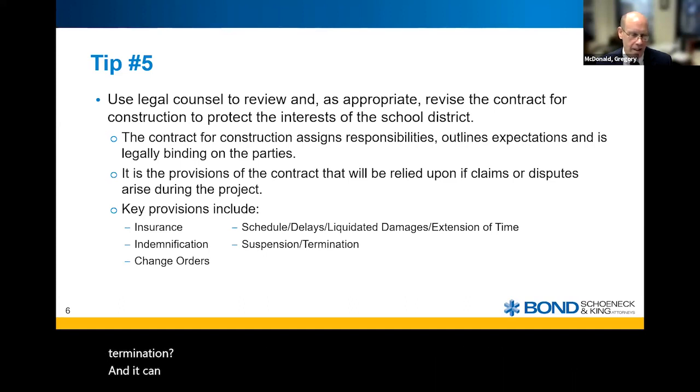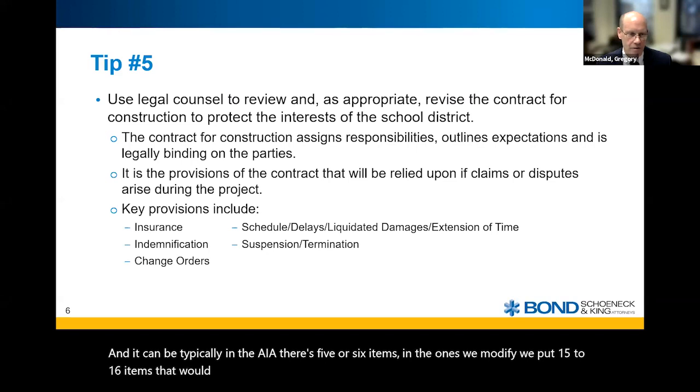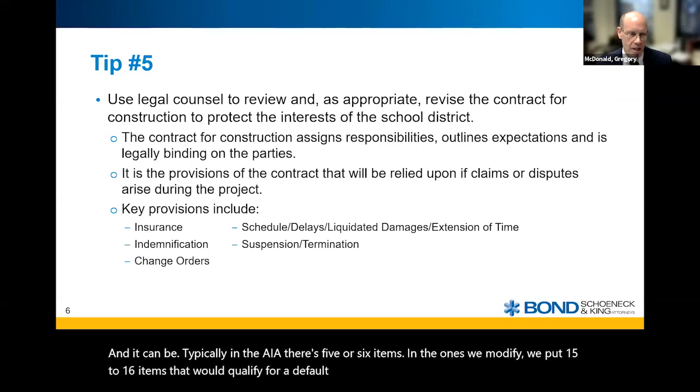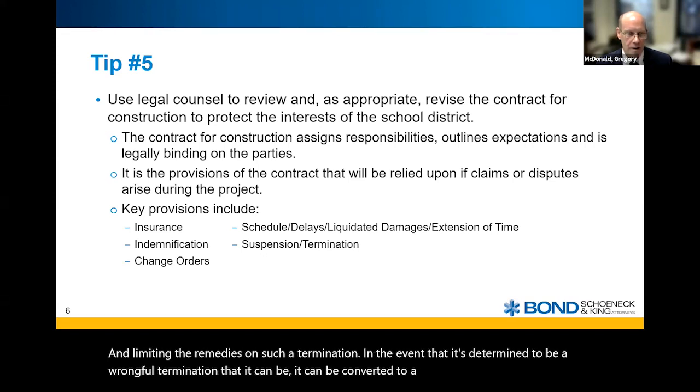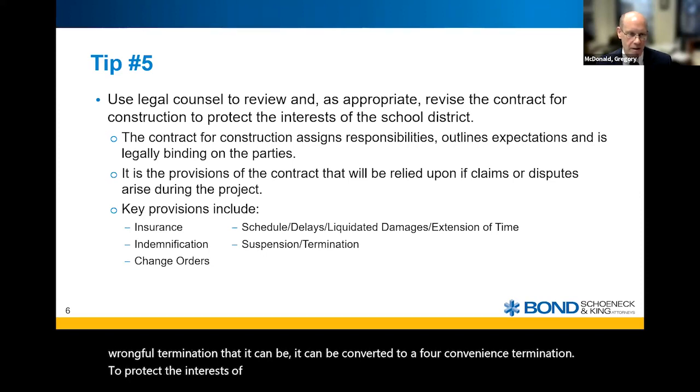Typically in the AIA, there's 5 or 6 items, and in the ones we modify, we put 15 to 16 items that would qualify for a default termination, and limiting the remedies on such a termination in the event that it's determined to be a wrongful termination, so that it can be converted to a for convenience termination, to protect the interest of the district if it's ultimately determined that there wasn't a substantial basis for terminating the contract.